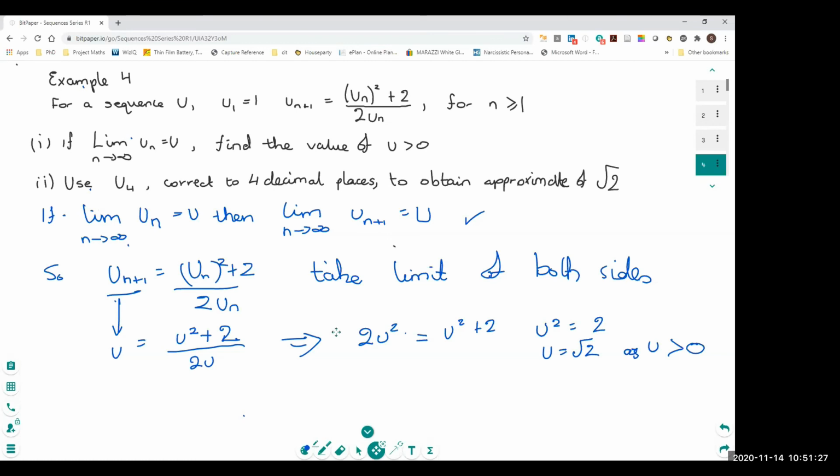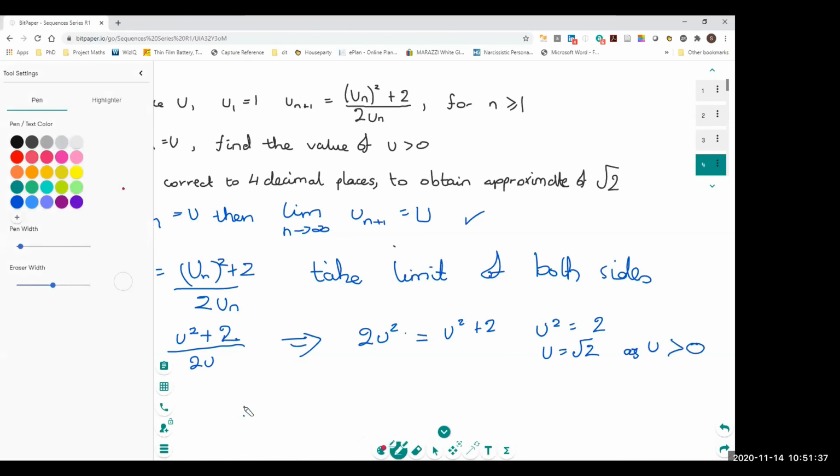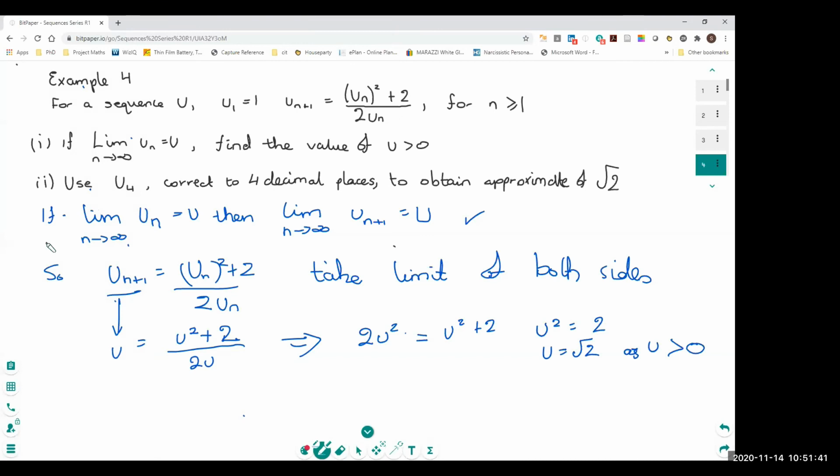So what we did first was we know that if the limit of u of n is equal to u, then we know for a fact by the previous slide that the limit of u of n plus 1, in other words, any other term in that sequence, is going to be equal to u. So we can use that.